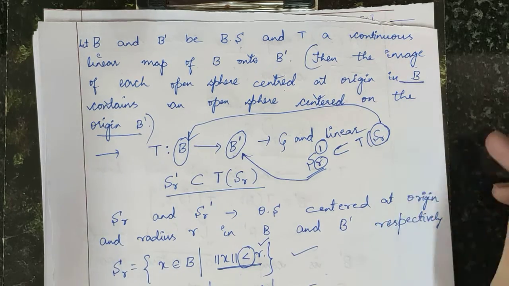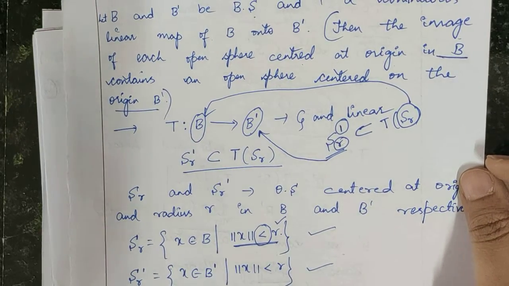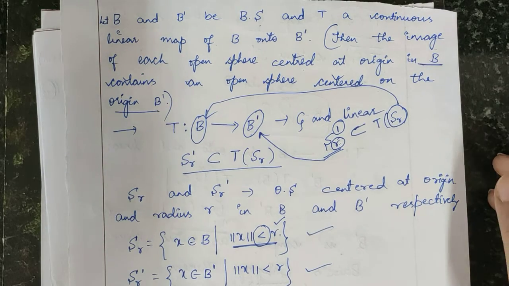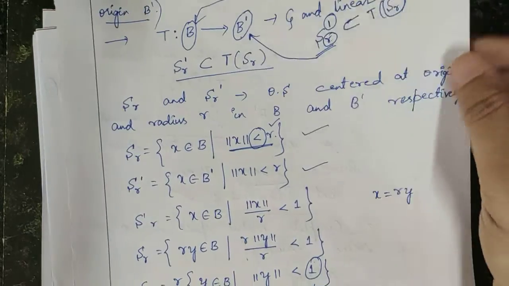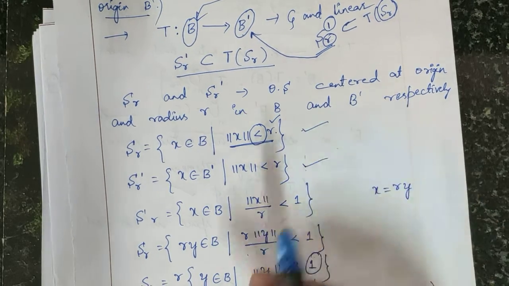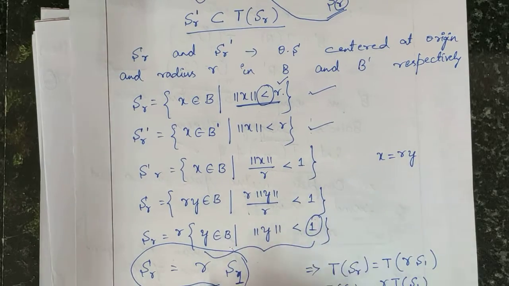For that, initially we have discussed some cases. If SR and SR prime are open spheres centered at origin with radius R in B and B prime respectively, I can denote my open spheres SR and SR prime in this way. Using this, we concluded that SR can be rewritten as R into S1.